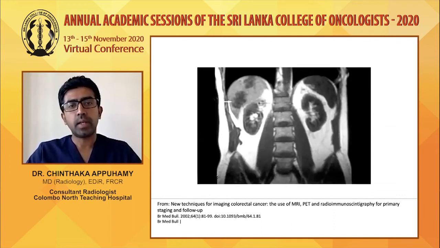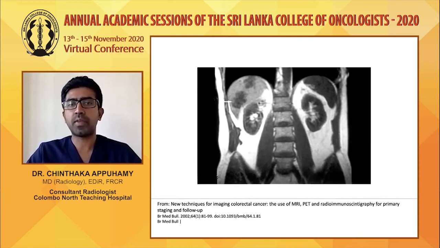This coronal T2 weighted MRI sequence of the liver shows ill-defined, hypointense multiple lesions in the right lobe of the liver. Sometimes it is difficult to detect these lesions in CT because of the hypovascularity.